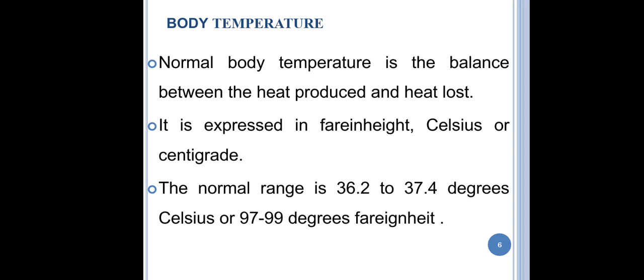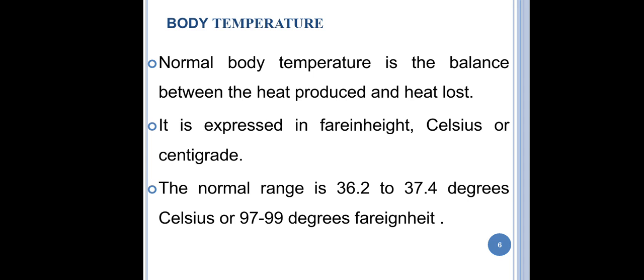So for the body temperature to be in the normal range, the two parameters need to be at equilibrium. They need to balance. By this balance, we mean the heat that is produced should balance with heat loss.